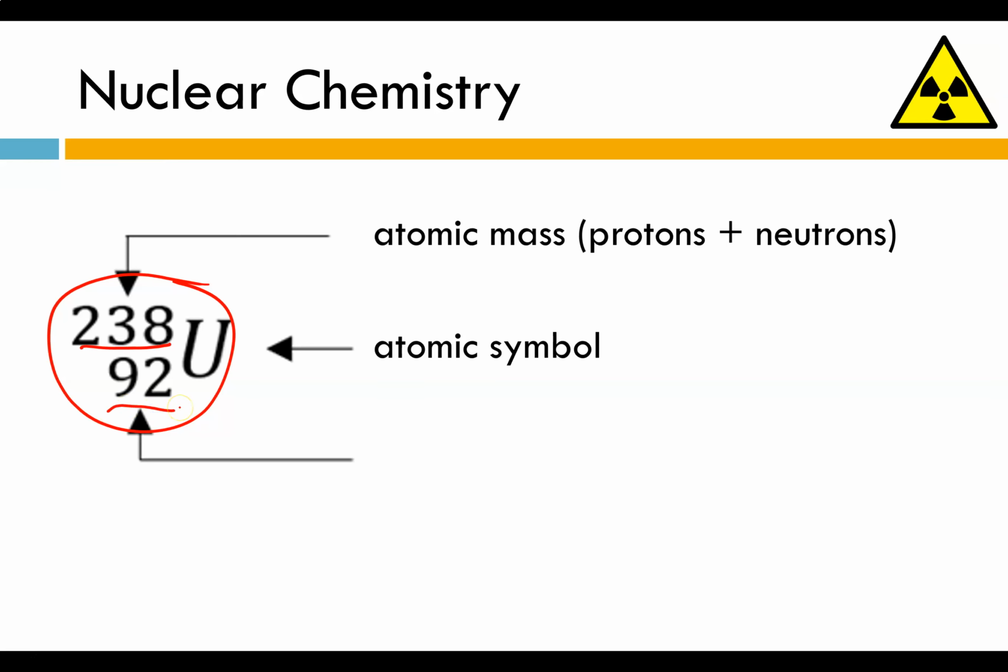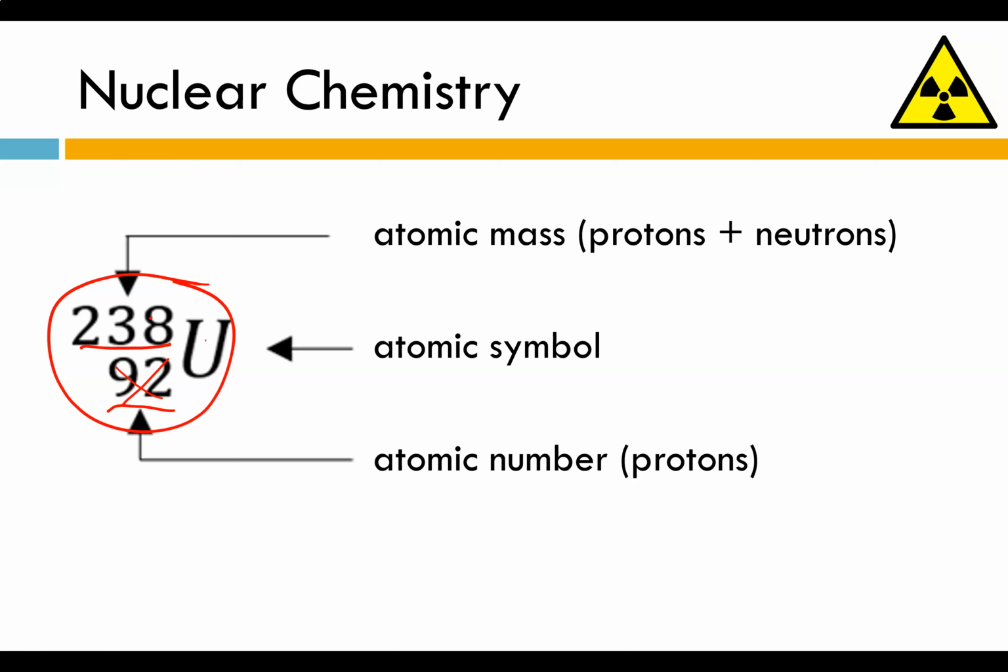And finally, that number 92 at the bottom, what might that be? This is atomic number. That's telling us how many protons are in the nucleus. You will almost always see the symbol and the mass, but sometimes the atomic number is missing in notations. The reason for that is, well, if you're looking at uranium, it has to have 92 protons in its nucleus.